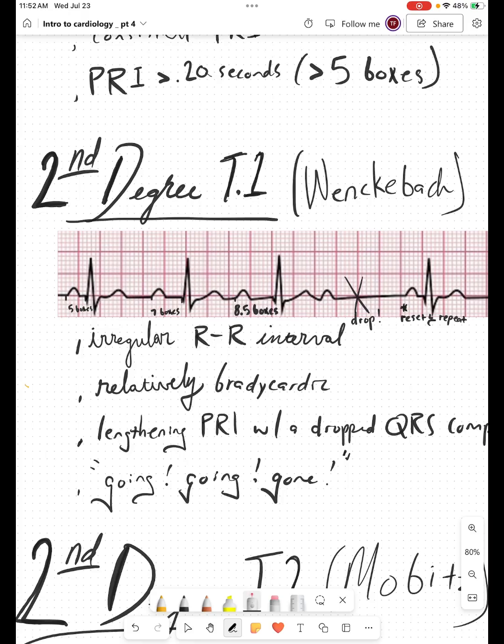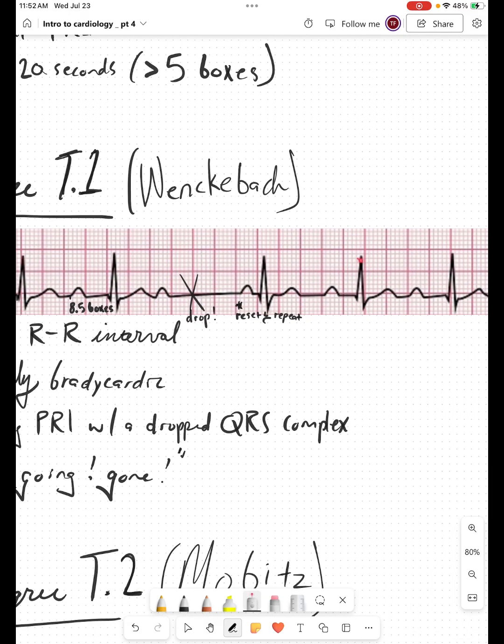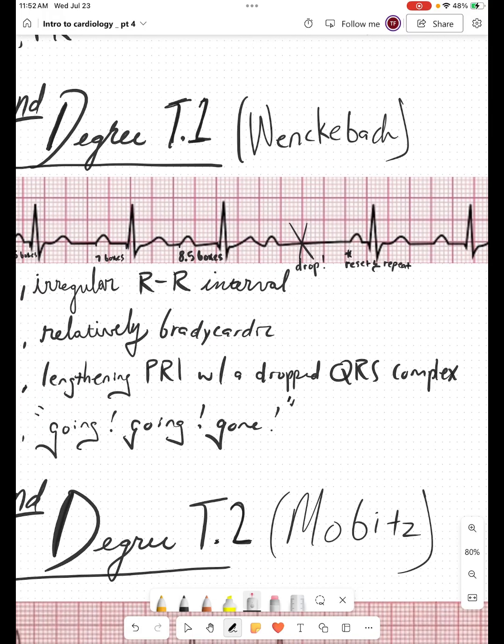It's going to have an irregular R to R interval. What that means is the peak of one R wave to the peak of the next R wave is going to be different. So from here to here to here, it's the same. But here to here versus here to here, that's different. And then it moves back into that repeating pattern.